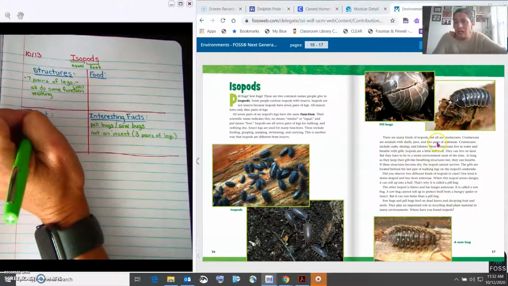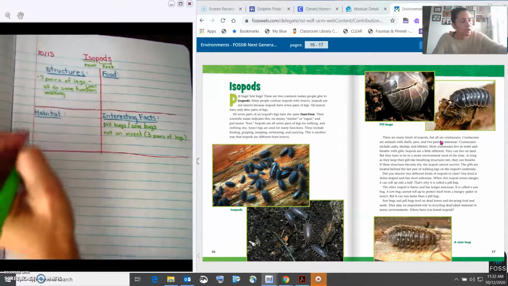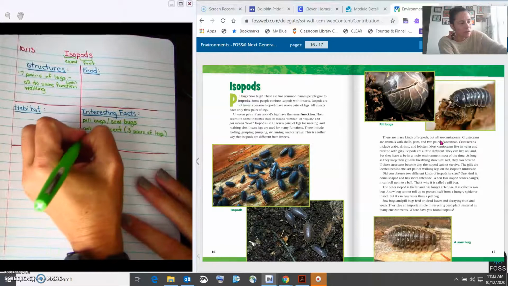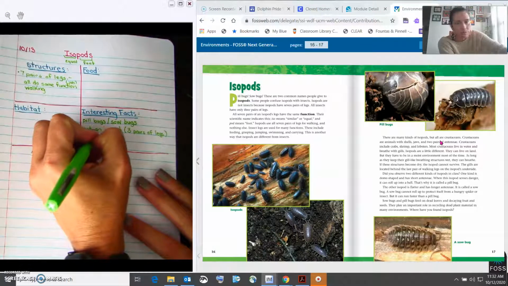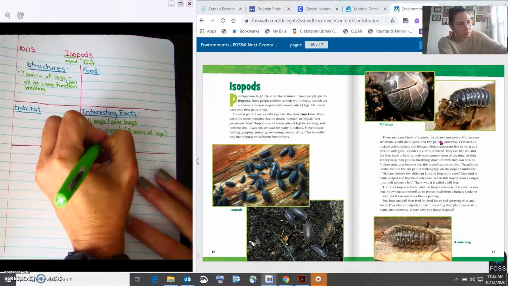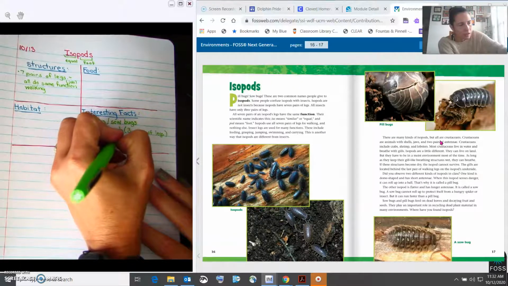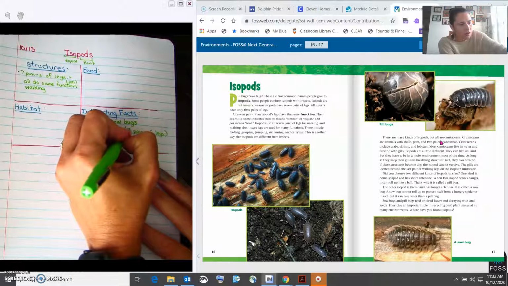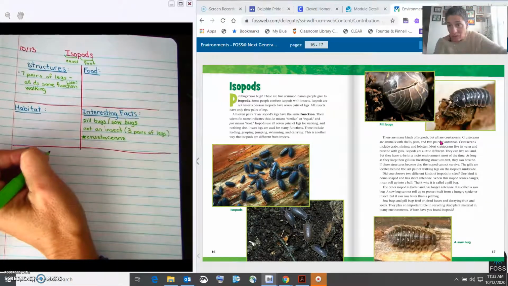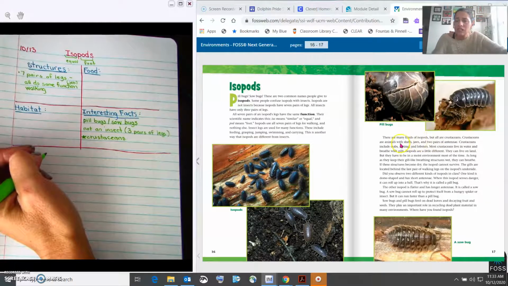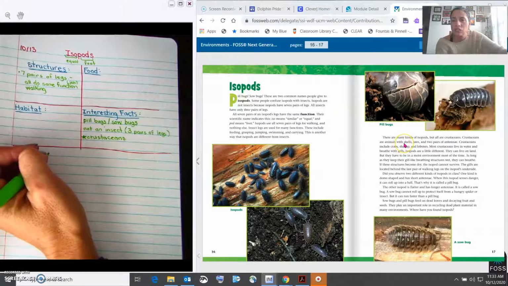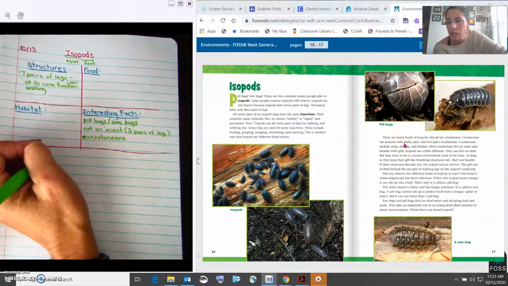There are many kinds of isopods, but all are crustaceans. Okay, so I'm going to go ahead and put that down right here. They're called crustaceans. And I'm looking at the book to see how to spell it correctly. So they're all crustaceans. Crustaceans are animals with shells, jaws, and 2 pair of antennae.